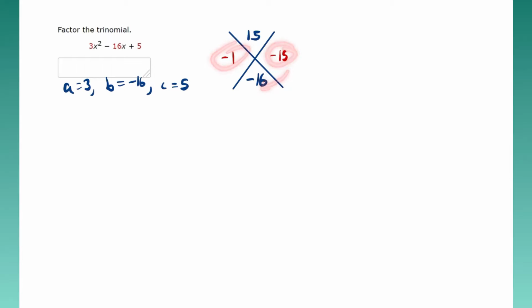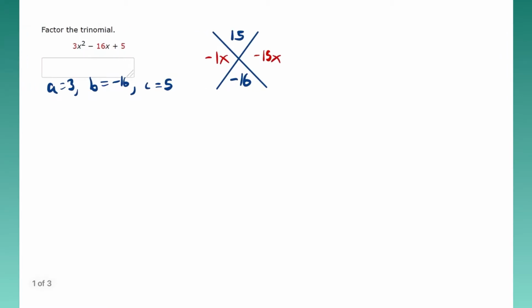Then you look at the middle variable. It's x. So you place an x here and an x here. And then you have to write out the 4 terms. The first term is going to be 3x squared. That doesn't change. Instead of writing the middle term as negative 16x, you write these 2 terms out because they add up to the middle term.